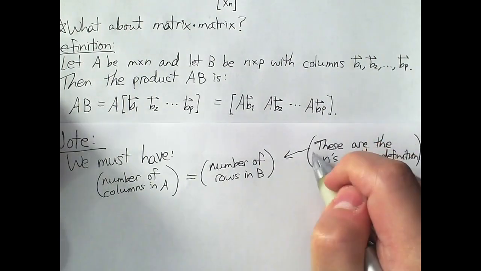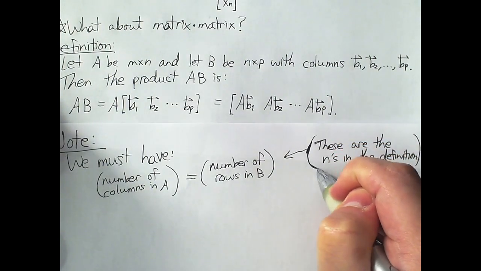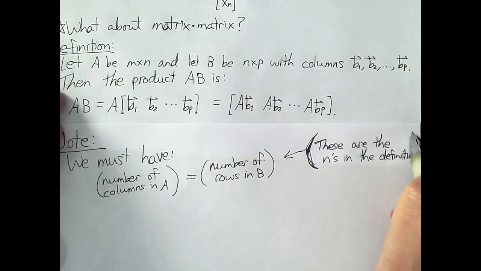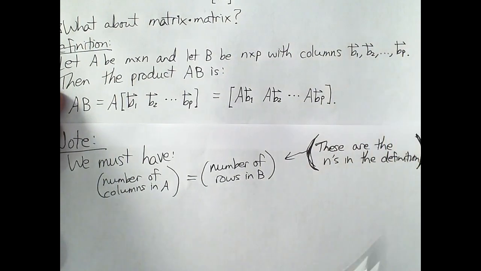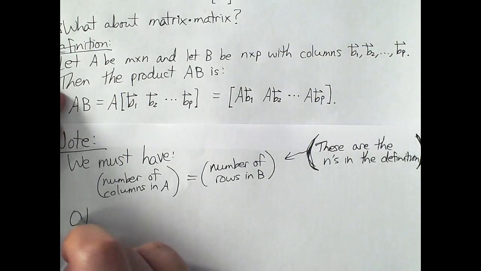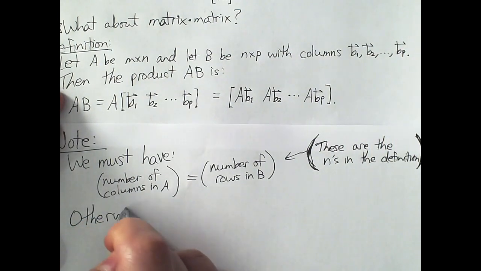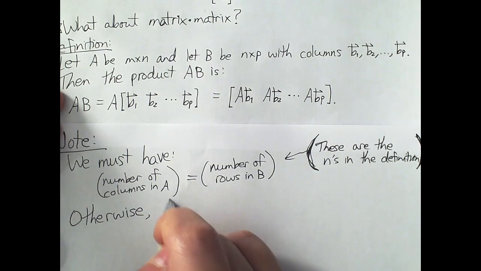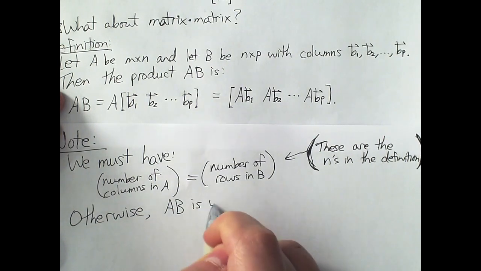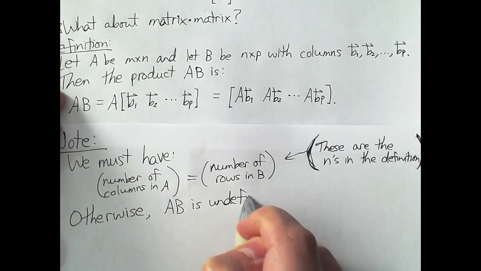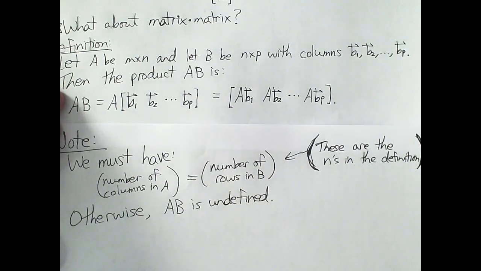So the definition already says this. This is already built into the definition. I'm just choosing to emphasize it down here. What happens otherwise? What if they're not? Otherwise, AB is undefined. Period.